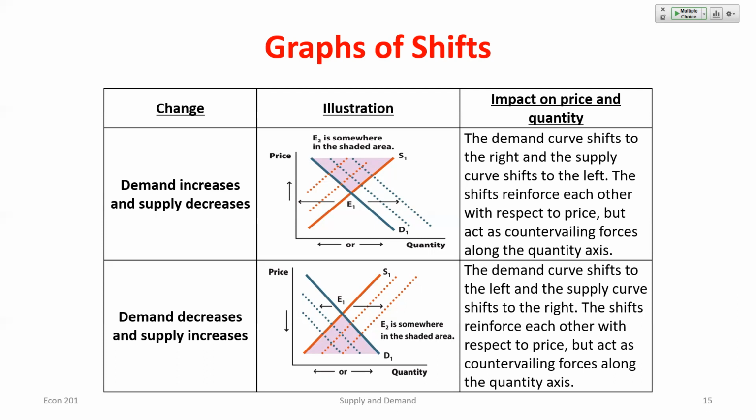So anytime we have simultaneous shifts, there's always going to be this kind of gray area, which is why we don't want to just draw it on the same graph. It can lead us to the wrong conclusion. However, if we draw each change individually and then look at the impacts of each one of those shifts, it's a little bit easier to see what that total effect would be. And it's easier to identify when changes would be indeterminate.